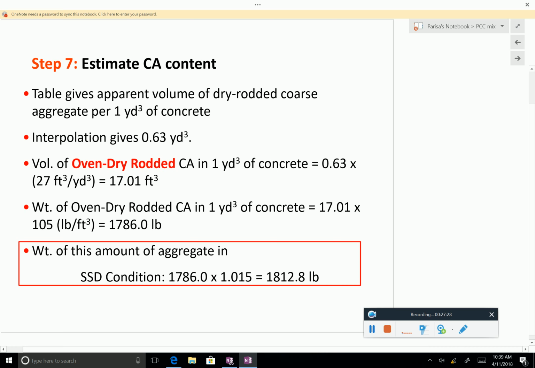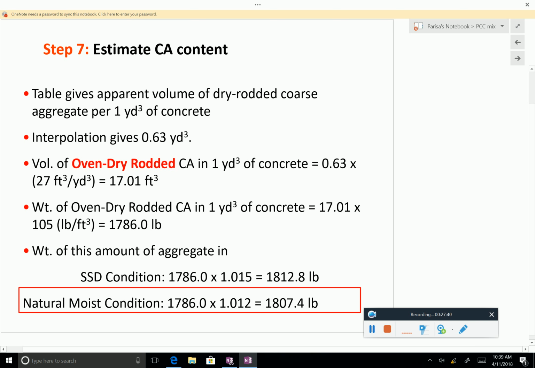So I have first SSD. If you substitute here WS, this is what you get here.